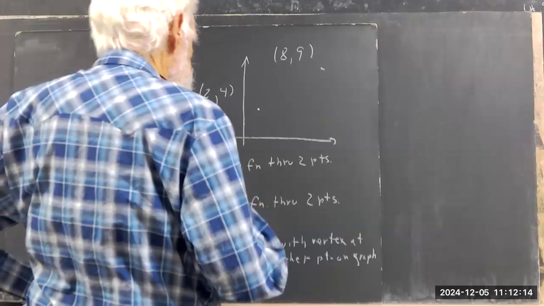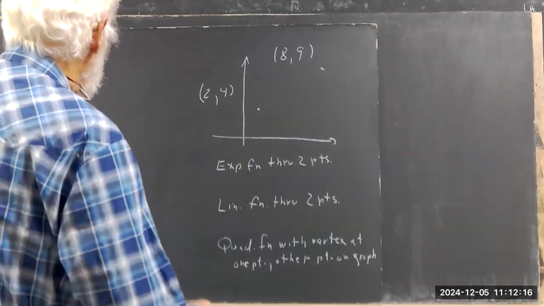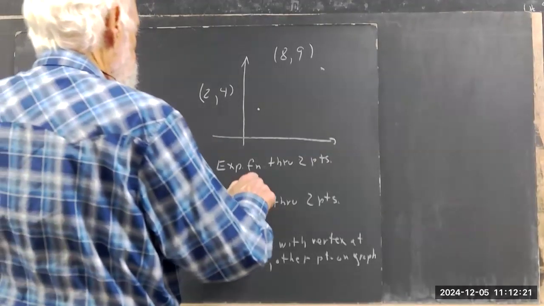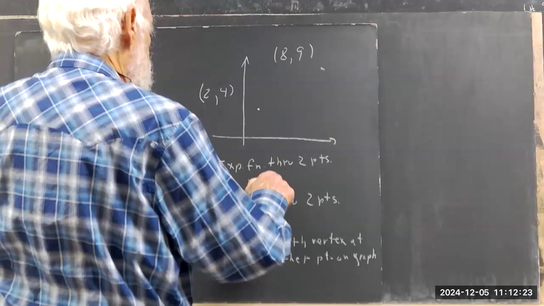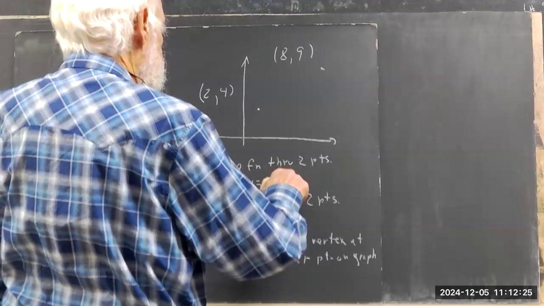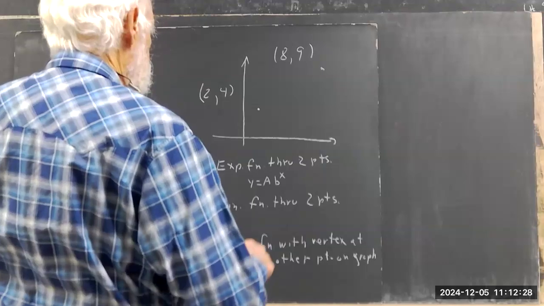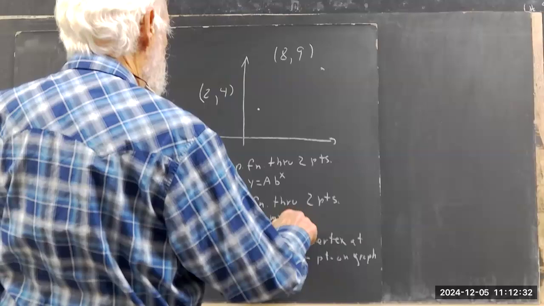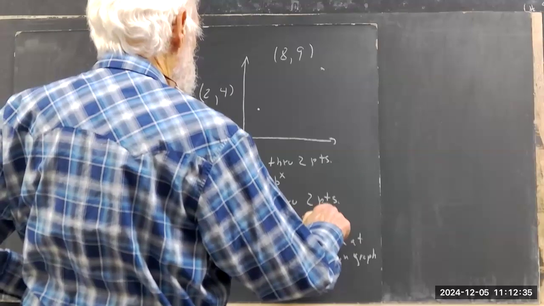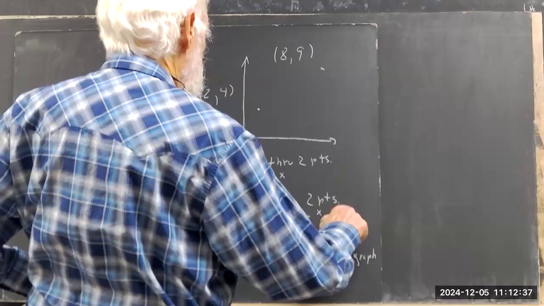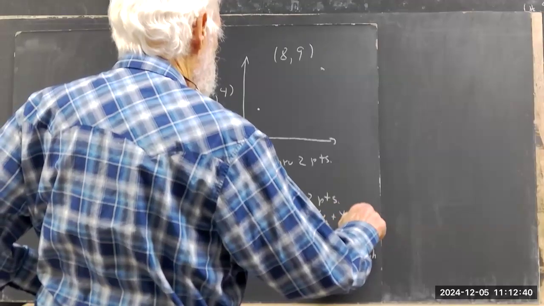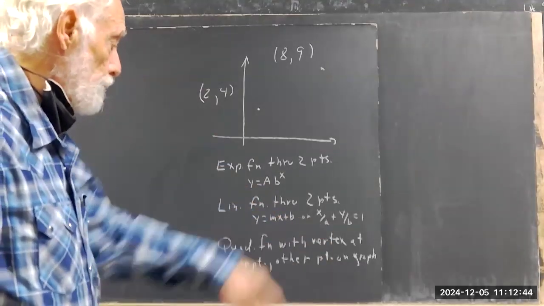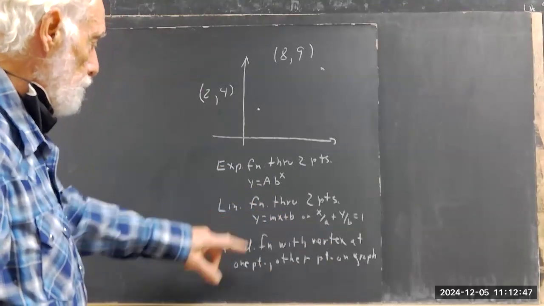And first of all, the linear function. Well, let me give you the form. The exponential function is y equals a times b to the x. The linear function would be either this or this. And there are other forms that we could have, but we usually use this one.